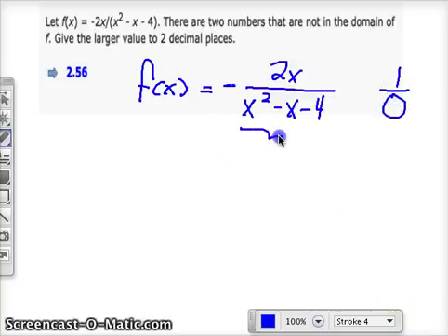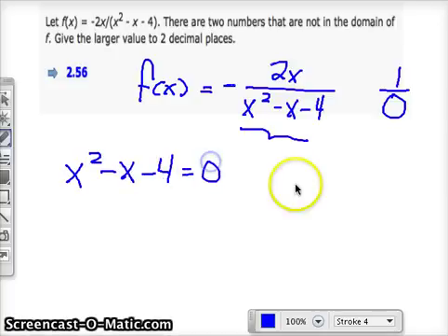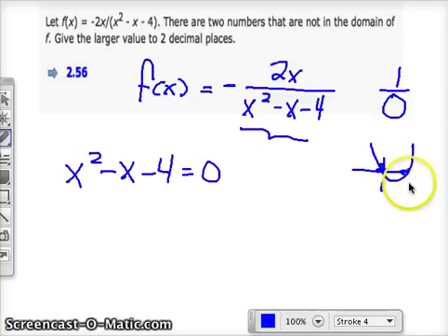So we're going to take the bottom and set it equal to 0. Now the question is, hey, that's a parabola, and it probably crosses a couple places here. It wants to know, give the larger value, so the one that's further to the right on the x-axis.